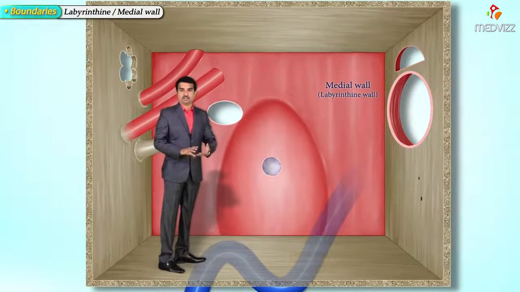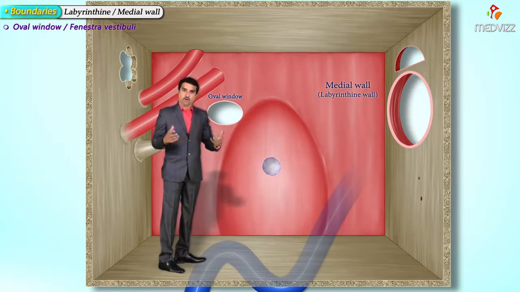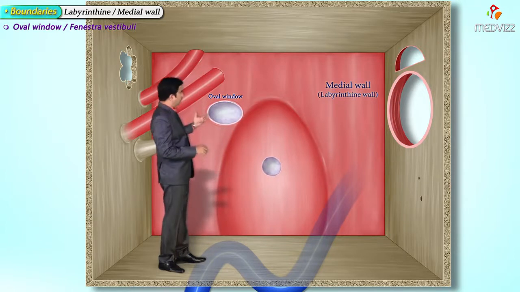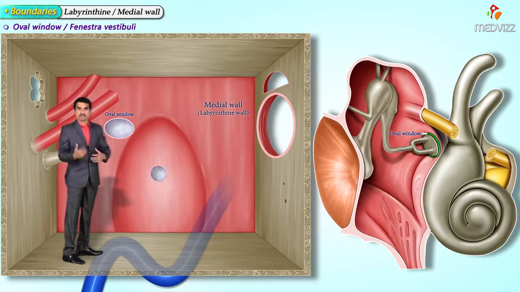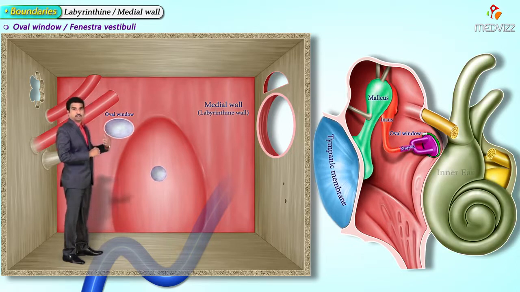The next structure is the oval window, also called the fenestra vestibuli. The oval window is also a membrane-covered opening that leads from the middle ear to the vestibule of the inner ear. The vibrations that contact the tympanic membrane travel through the ossicles and enter the inner ear.